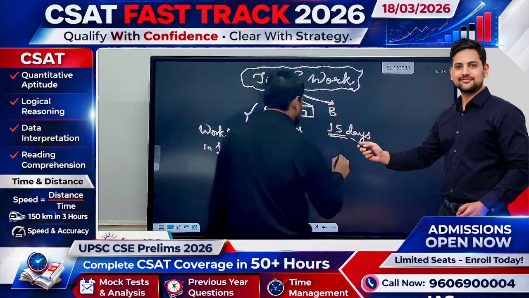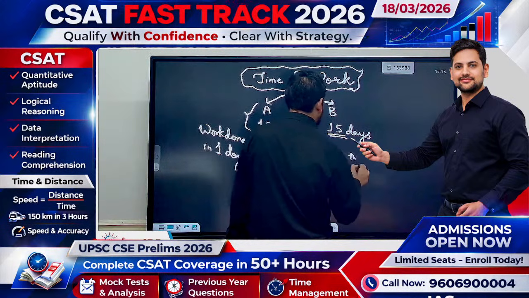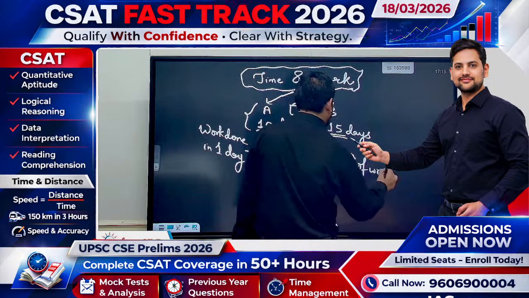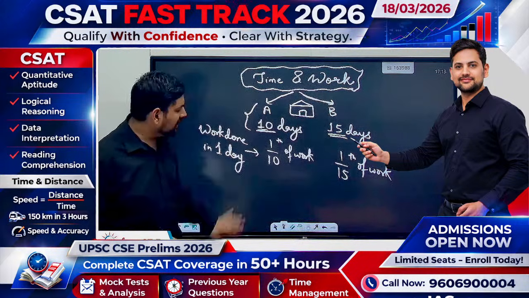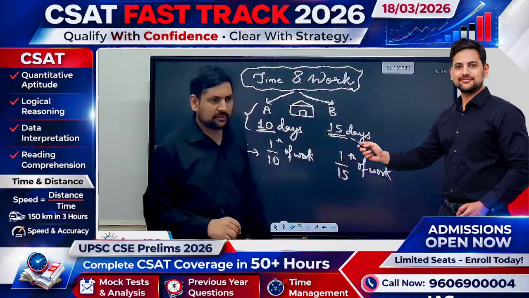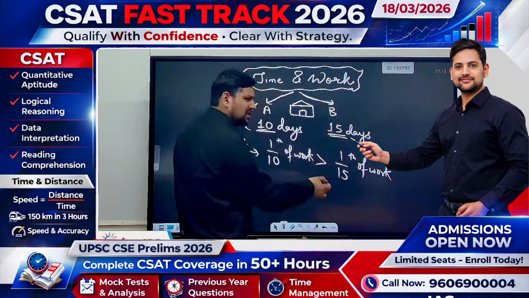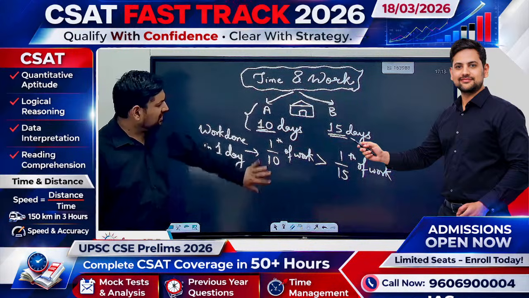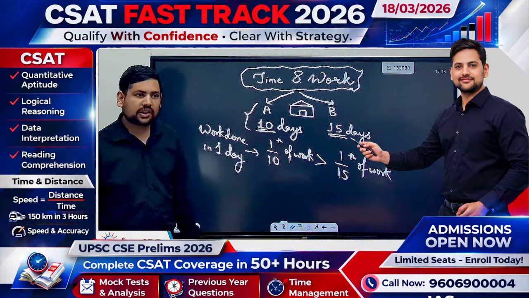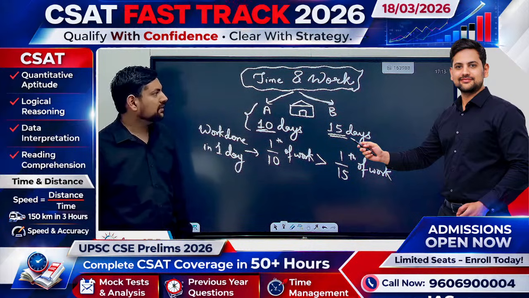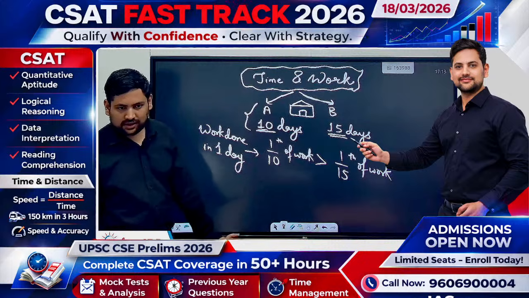And this will be 1/15th of the work. Now, clearly, 1/10 is larger than 1/15. So this equation gives you something to understand. But this is also difficult to use. So mostly in this entire chapter, we'll be using something called the efficiency method. Okay, that we'll learn now.